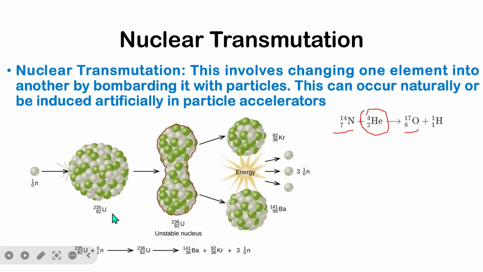Initially uranium-235 is stable, but bombarding it with particles, which are neutrons, makes it become 236, and it is now unstable, and as a result a huge amount of energy is generated. One molecule of krypton and barium are generated, as well as 3 molecules of neutrons.